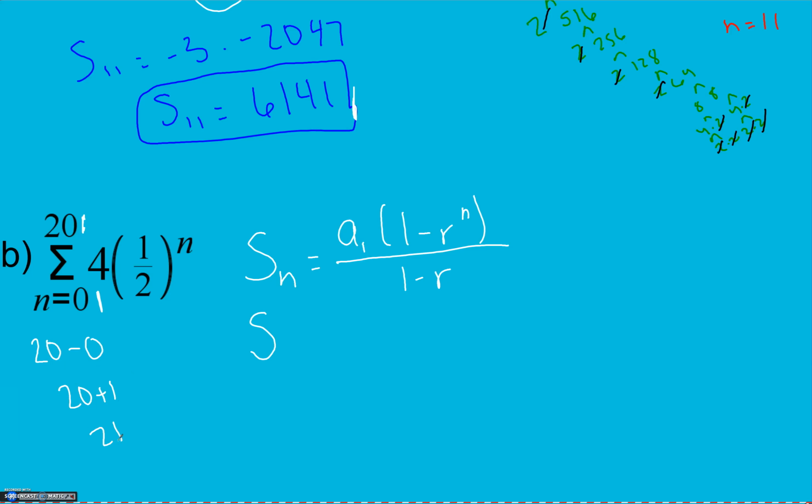So 21 terms. So the sum of our first 21 terms here. Our first number is 4. Our r value is a half. And our n value, we said, was 21.